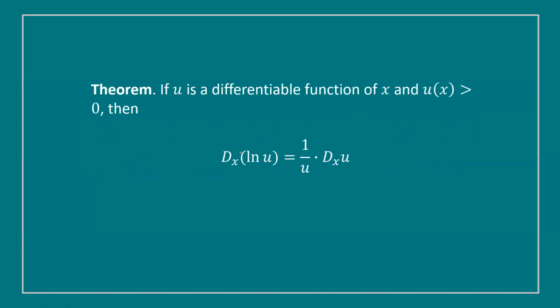Okay, so for natural logarithm, the formula would be 1 over u times the derivative of the given function of the natural logarithm. I think the other way to express this one is du over u.